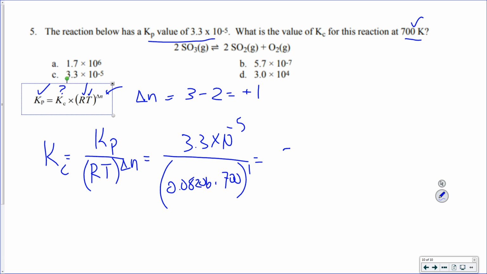And I get 5.74 times 10 to the minus 7th, choice B.